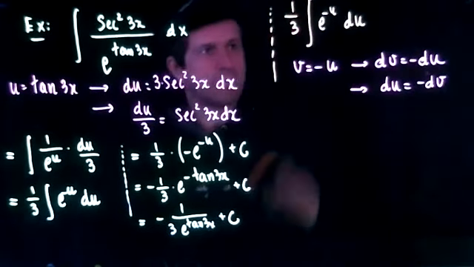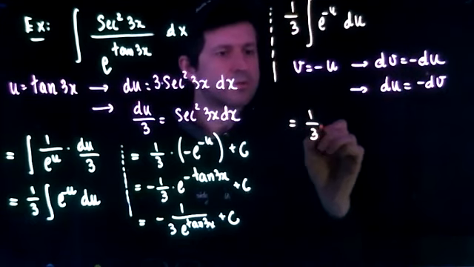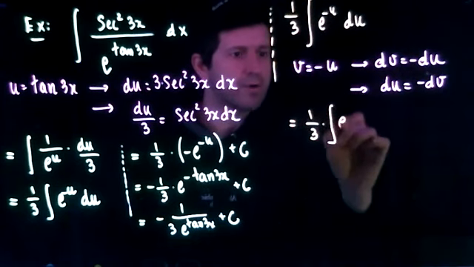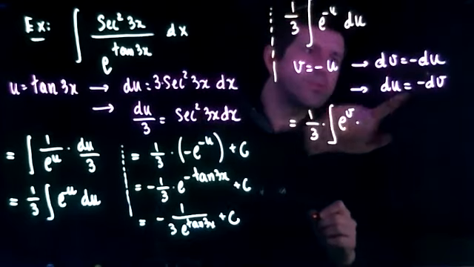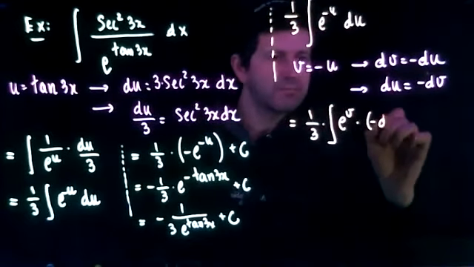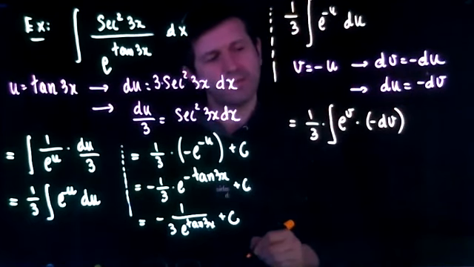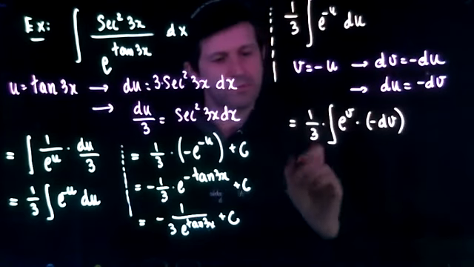Then I replace. So 1/3 times the integral of e to the negative u, so e to the v, times du, which is negative dv. Get it? Yeah, I understand. Then I put the minus in front.